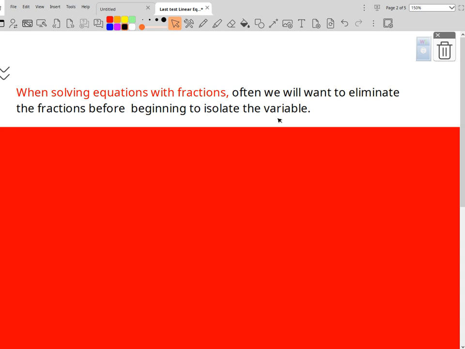That doesn't mean you'll never have a fraction answer, though. You very likely may have a fraction answer if there's a fraction in your equation to start with. It just means we're not going to have to add and subtract fractions. We're going to wind up just multiplying our fraction away and then dividing at the end or multiplying at the end, and we may or may not have a fraction solution.